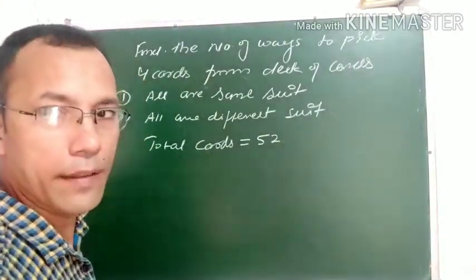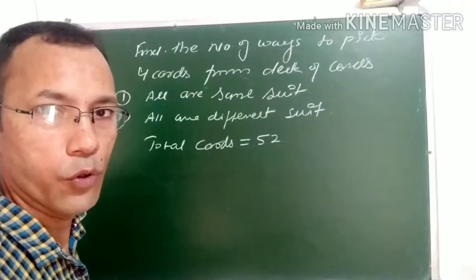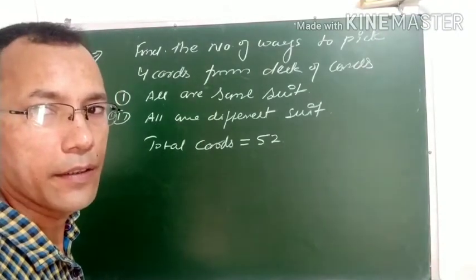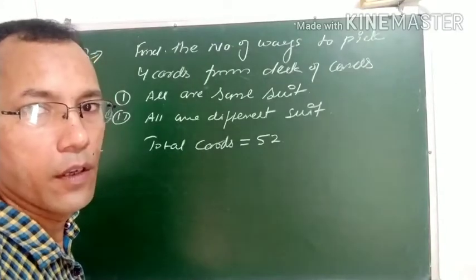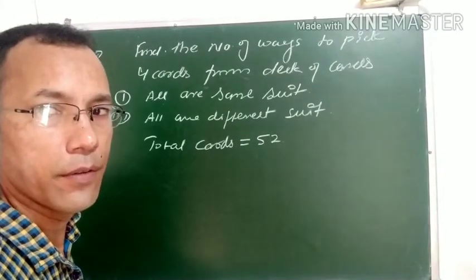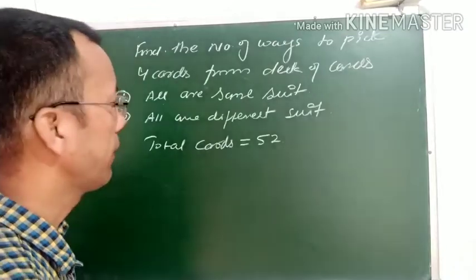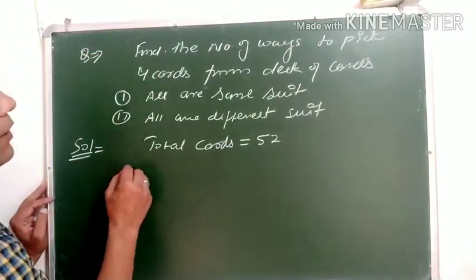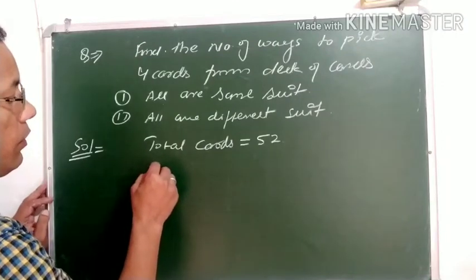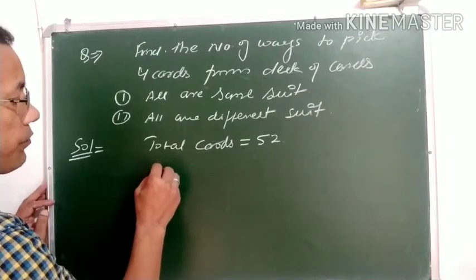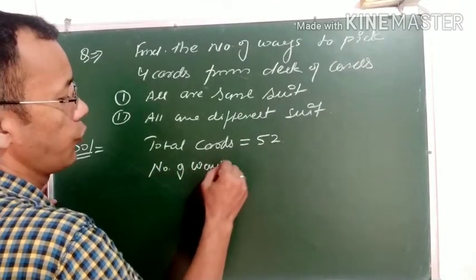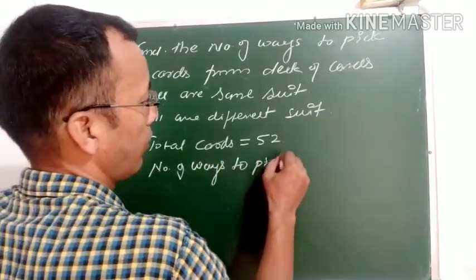Whether we pick a face card, the king, queen, or ace, or a spade or club or anything else, the first part is the total number of ways to pick 4 cards.